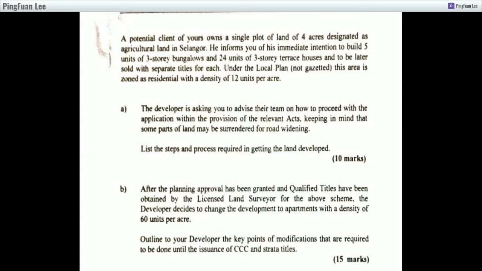In this case, if you meant by subdividing land into separate land title, it means that they subdivided and obtained the title in the B already. Outline to your developer key points of modification required to be done under issuance of CCC and strata title.